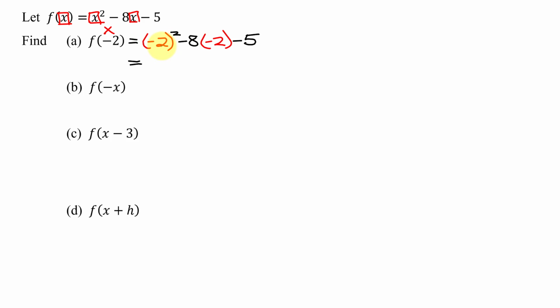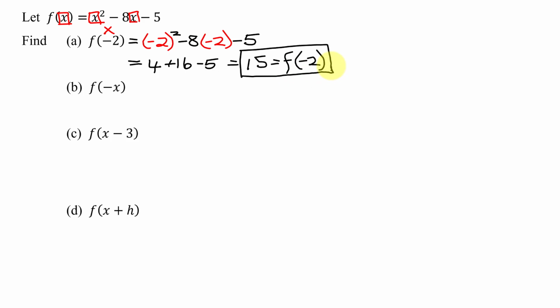Negative 2 squared means negative 2 times negative 2 is positive 4. Negative 8 times negative 2 is positive 16 minus 5. 4 plus 16 is 20. 20 minus 5 is 15. So f evaluated at negative 2 is equal to 15.